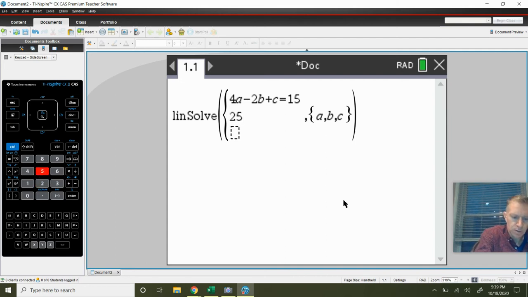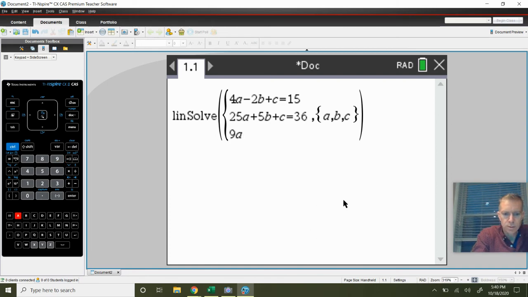25a plus 5b plus c equals 36. And 9a plus 3b plus c equals 10. 4a minus 2b plus c equals 15.